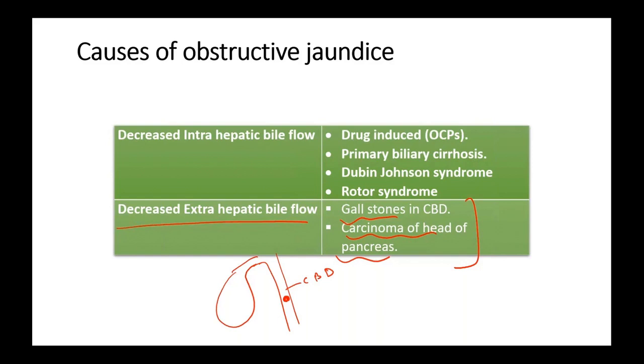Let's say there is a duodenum, second portion of the duodenum opens into, combined with pancreatic duct, pancreas here. If there is a carcinoma of the head of the pancreas, the duct will be obstructed, decreased extrahepatic bile flow. And second is decreased intrahepatic bile flow. Whatever is flowing inside the liver is obstructed. Can be because of the drug, primary biliary cirrhosis, Dubin-Johnson syndrome, Rotor syndrome. That can also cause obstructive jaundice.